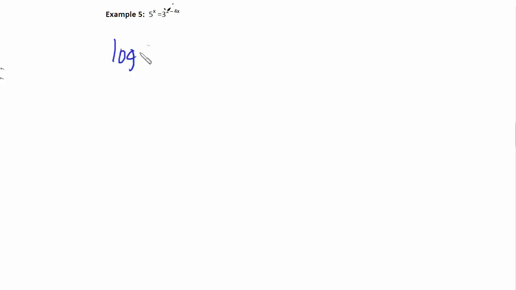So I can take the logarithm of both sides. I'm allowed to do that because they were set equal to one another in the beginning. So this is equal to this. Therefore, if I take the logarithm of this, I can set it equal to the logarithm of this. As long as I take the logarithm on both sides, everything's still equivalent.